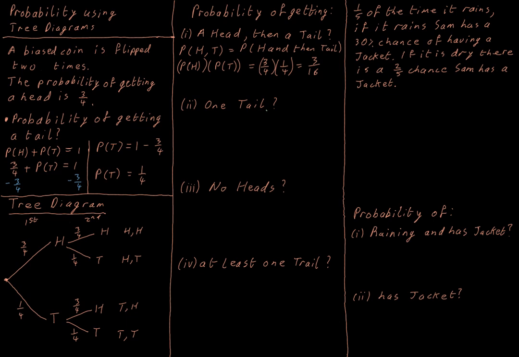Now what's the probability of getting one tail? Well, what are the different situations that could lead to getting one tail? We could get a head first and then a tail, like we did here. Or we could get a tail first and then a head.